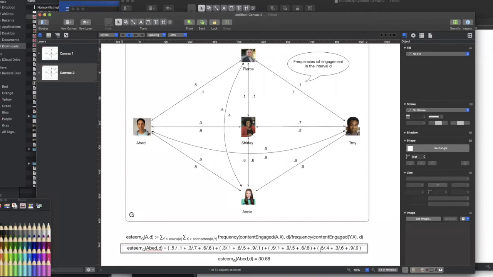Now, how would we do that? Well, we know it's a completely connected graph, so everybody's connected to everybody. And what we need to do is we're measuring how frequently someone listens to Abed versus someone listens to Annie. So how many people are there that would be connectors between Abed and Annie? So you have Troy, you have Shirley, you have Pierce.